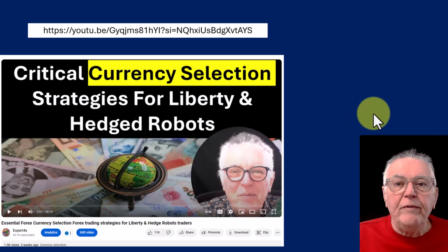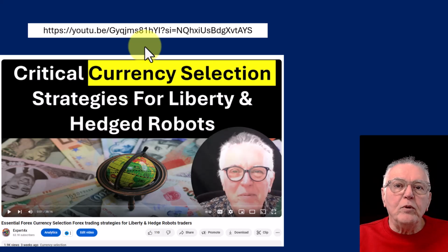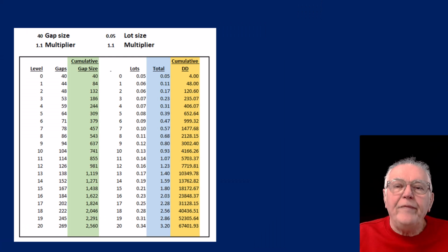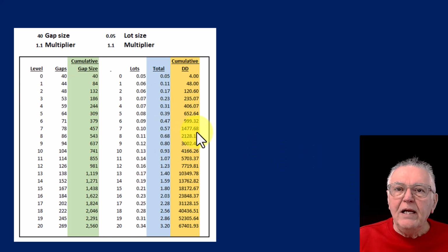You can get more information on this in a video that I did a while ago. Please go and have a look at that, because it's very important to match your gap sizing to your currencies.